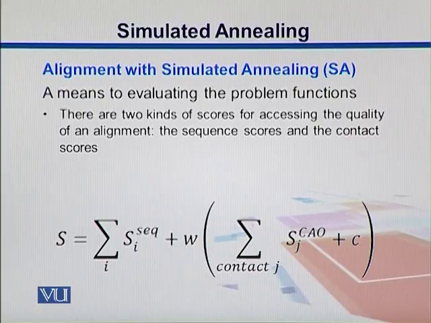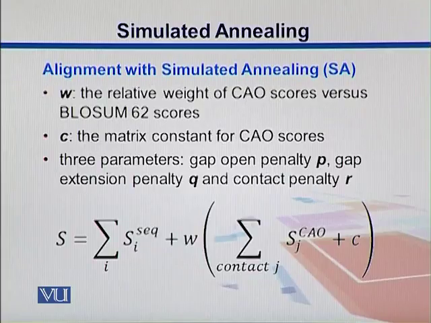We see that it is a combination of the score from sequence as well as a weighted score coming from the contact information where we have embedded this contact matrix. There are other parameters. The relative weight of CAO score versus BLOSUM matrix is this W over here, and C is the matrix constant for CAO score. In addition to that, there are gap penalties, which are the gap open penalty P, the gap extension penalty Q, and the contact penalty R. They are also embedded in these scores.